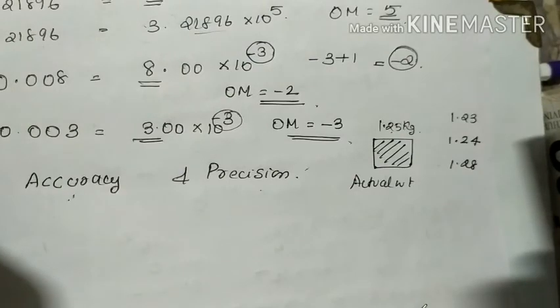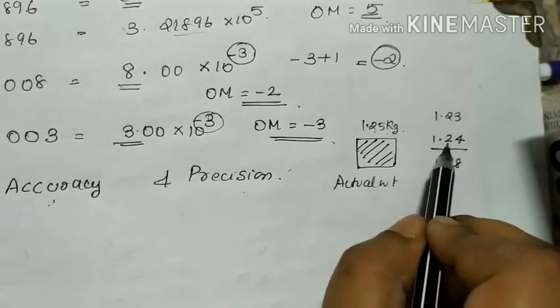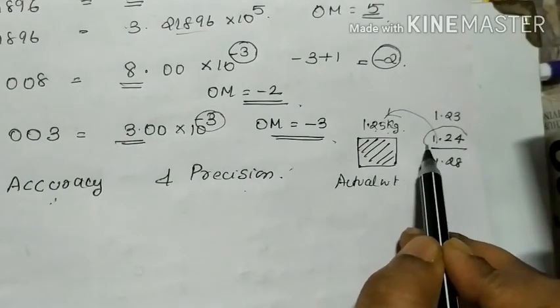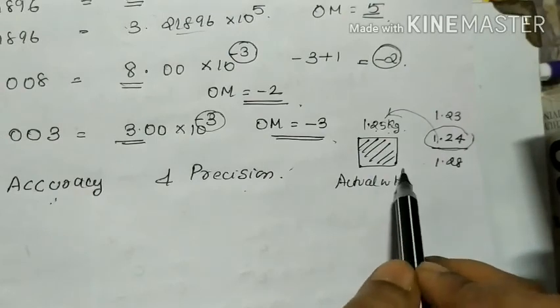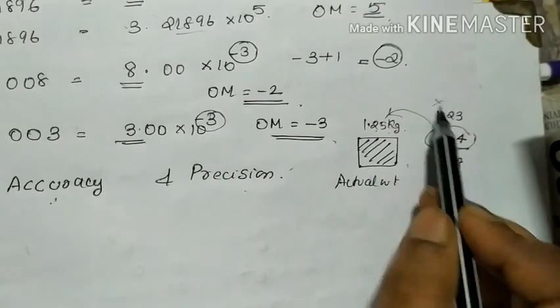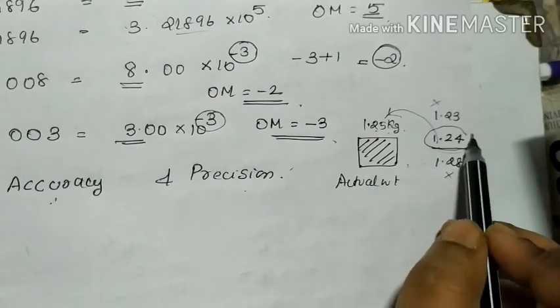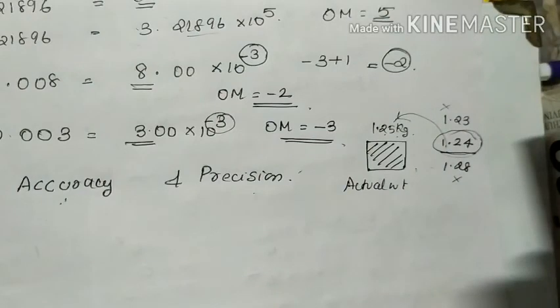So tell me which one is very close to the actual value. 1.24 is very close to 1.25. So that means 1.24 is the accurate measurement. Clear? Neither 1.23, nor 1.28. I can say 1.24 is an accurate measurement. This much clear?